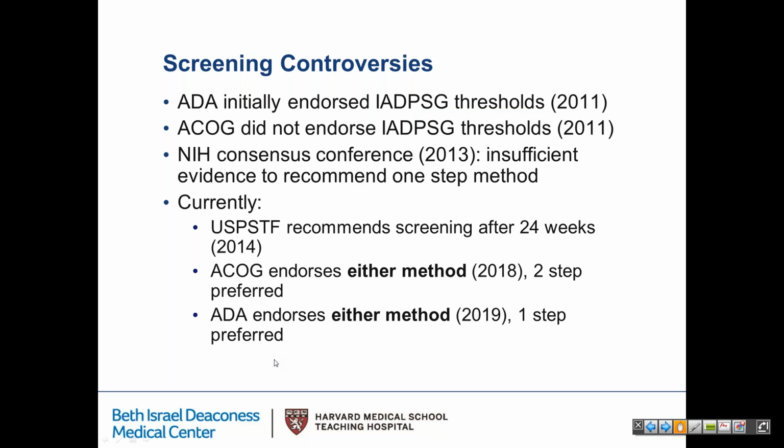If you're going to use a two-step testing paradigm, for sure choose one threshold for your 50 gram, and then use preferably the Carpenter-Coustan criteria, but either use Carpenter-Coustan or NDDG. But pick a standard and go with it, and then see what happens in your population, and be willing to change as a group if that's indicated by what's happening in your population.